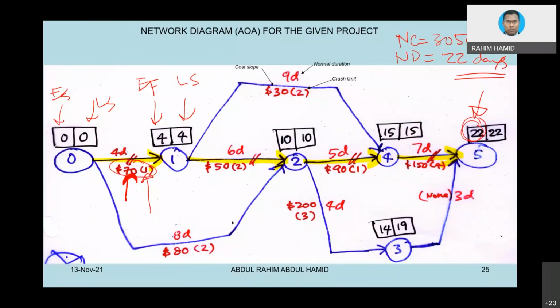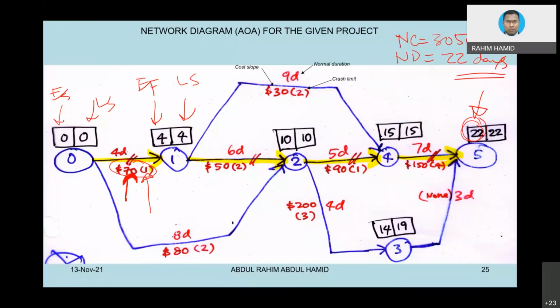Okay, from the diagram, you can give a quick answer. If you want to compress the project from 22 days until 20 days, what would be the activity that you are going to crash or compress? Okay.